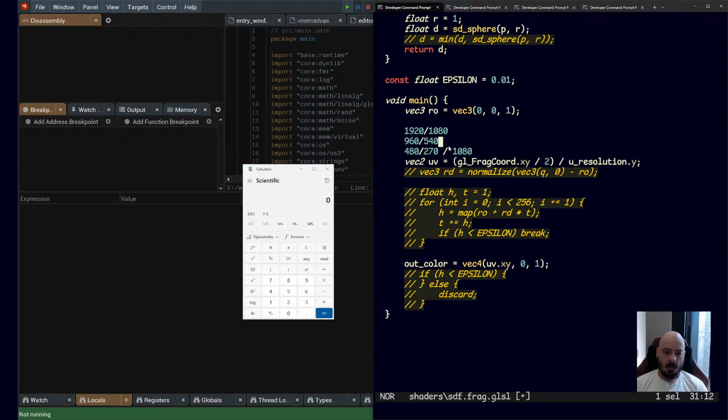Okay. There's one part I'm not getting about this, which is like 480 divided by 1920 would be 0.25. Right? That makes sense. But 480 divided by 1080 is giving us 0.4. Why is that the correct UV coordinate for the x-axis?